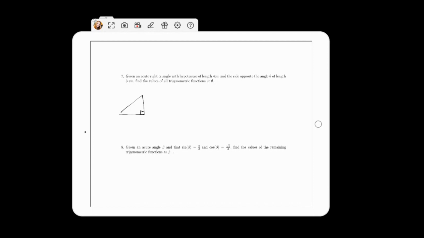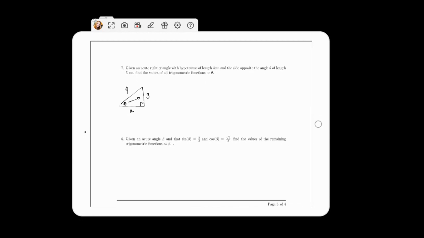So I'm given that the hypotenuse has length 4, and I'll choose theta to be this one, and we're told that the side opposite of theta has a length of 3 centimeters. So now I can label my adjacent side by A, and I can find A by using the Pythagorean theorem. So A squared plus 3 squared is equal to 4 squared.